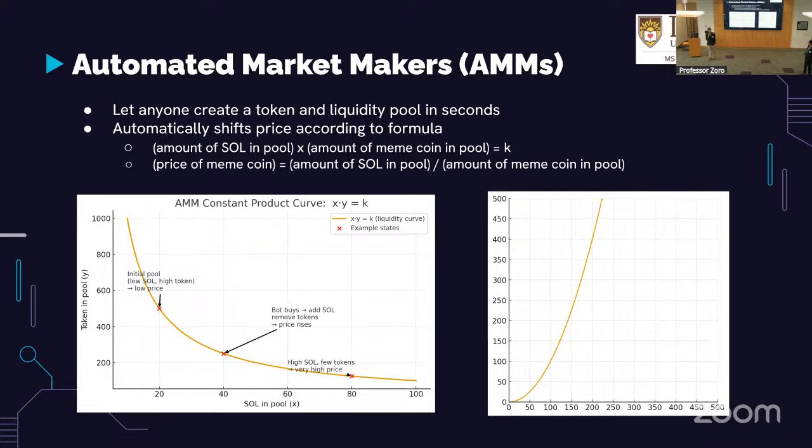And with every transaction, with every person that buys that coin and puts in Solana, the price increases exponentially. So when you combine all these factors, the AMM, the exponential price increases, and the cheap and fast transactions, it's the perfect spot to launch a meme coin and execute a pump and dump.